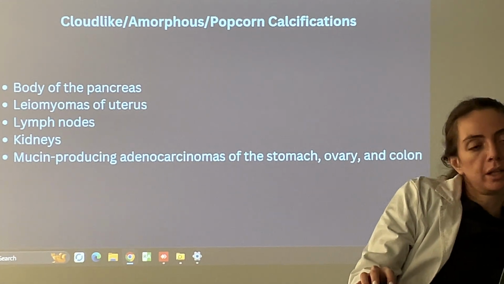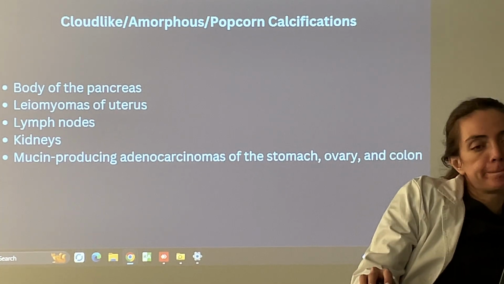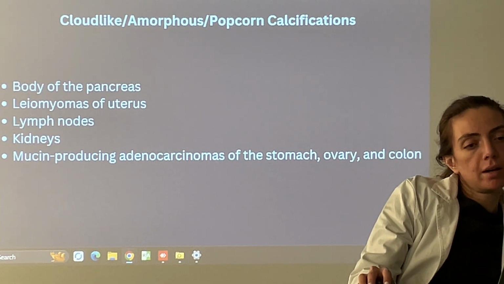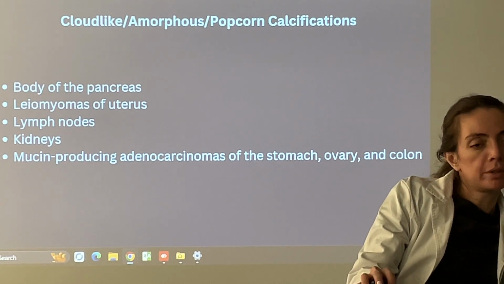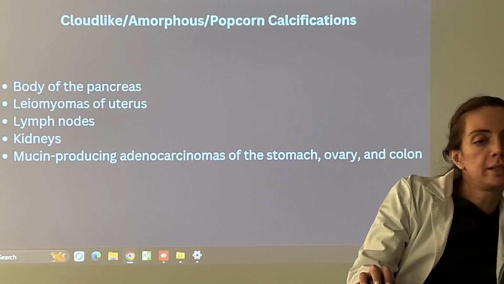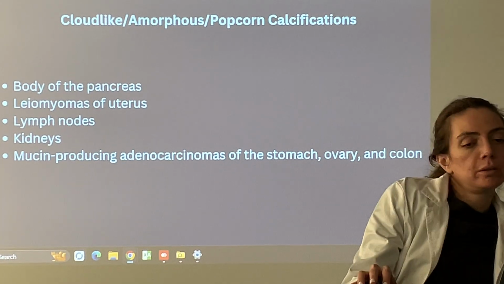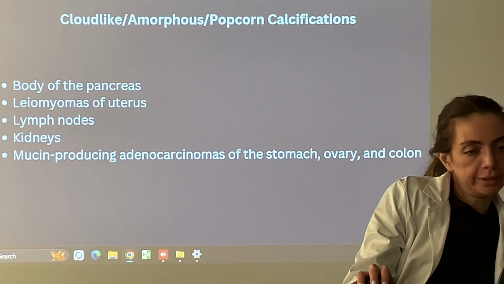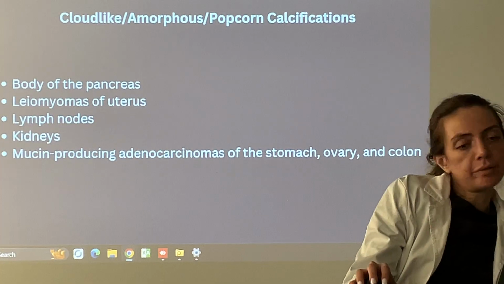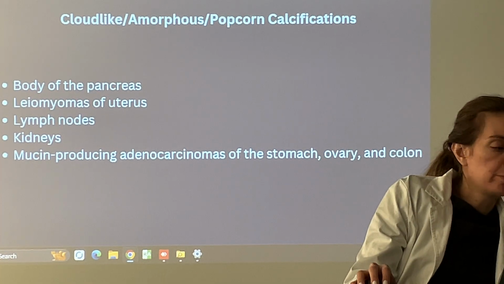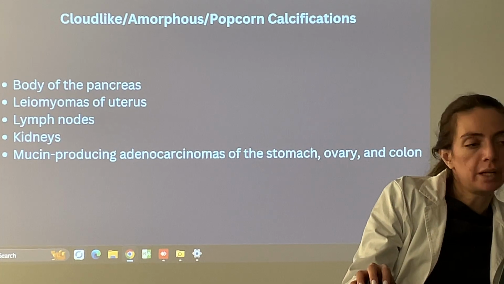Then we have cloud-like, amorphous, popcorn calcifications. Those will appear mostly inside of a solid organ or a tumor, and examples include the body of the pancreas, which is pathognomonic for chronic pancreatitis, and leiomyomas of the uterus, uterine fibroids, which very commonly degenerate and calcify over time.